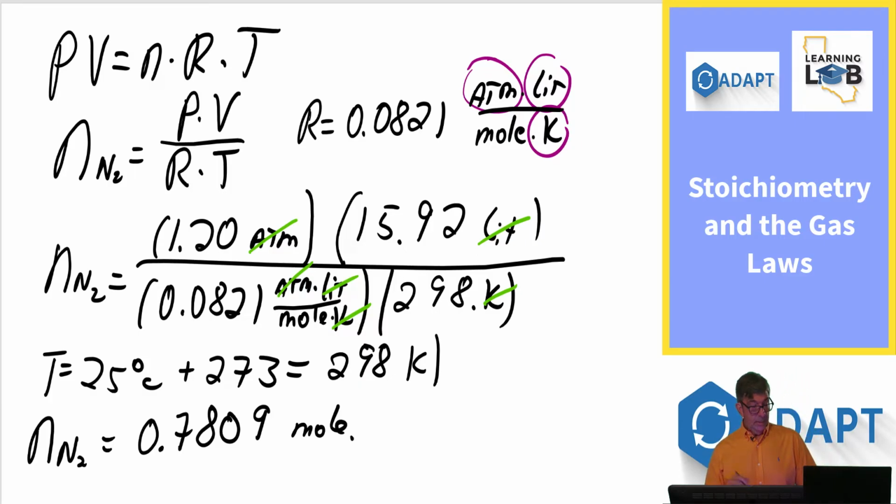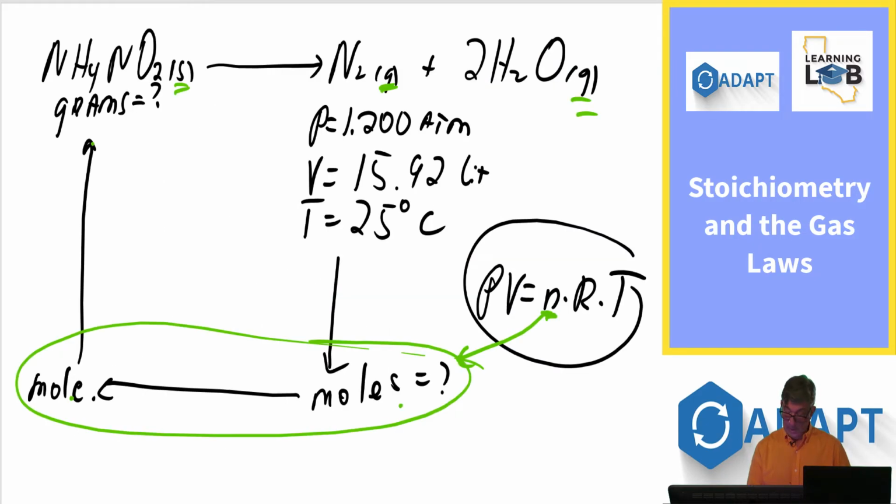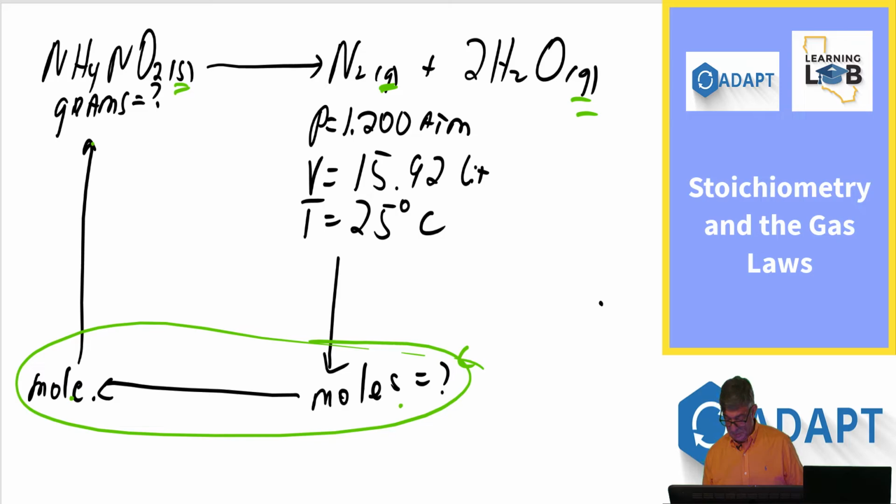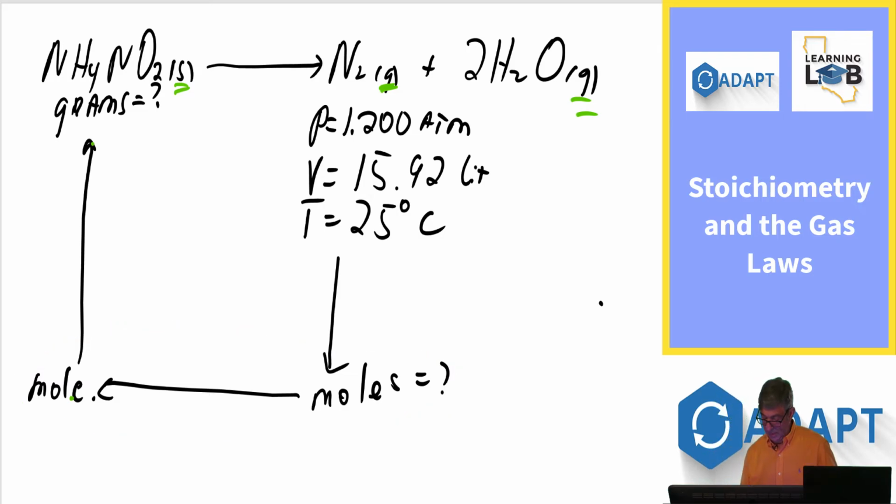Now we're going to go back to our stoichiometric problem and put in our value. Let's clean things up a bit and give ourselves some room here. The moles we determined in part A equal 0.7809 moles.